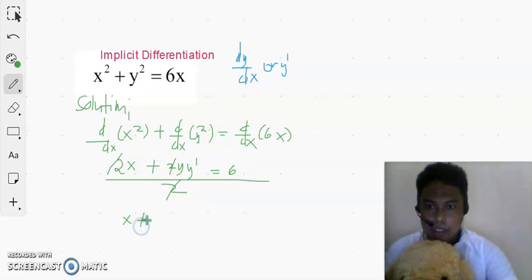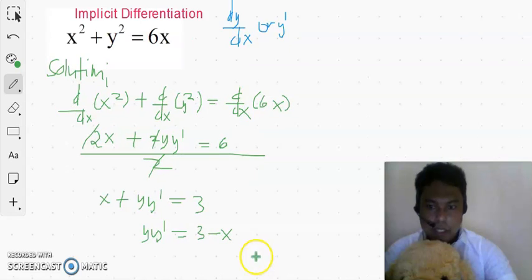x plus y y prime is equal to 3. And then we're going to transpose this to the right side. So we have y y prime is equal to 3 minus x.